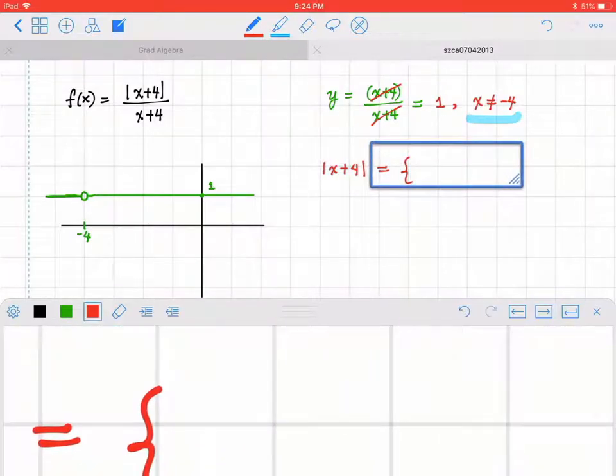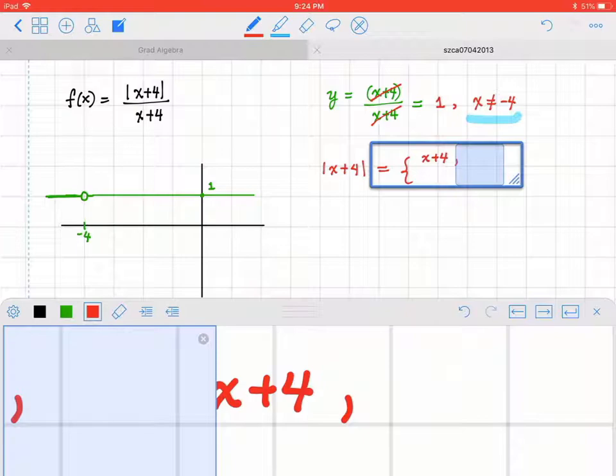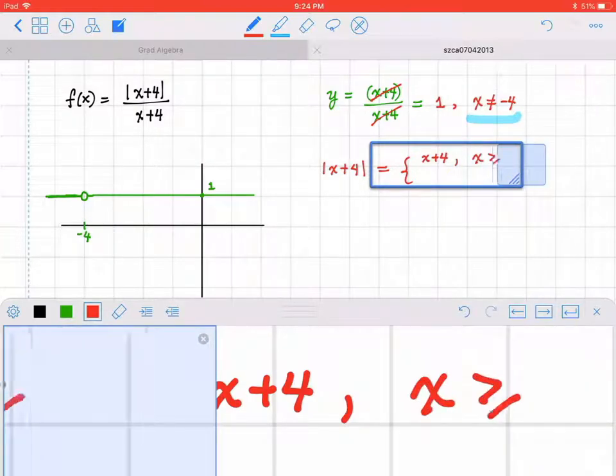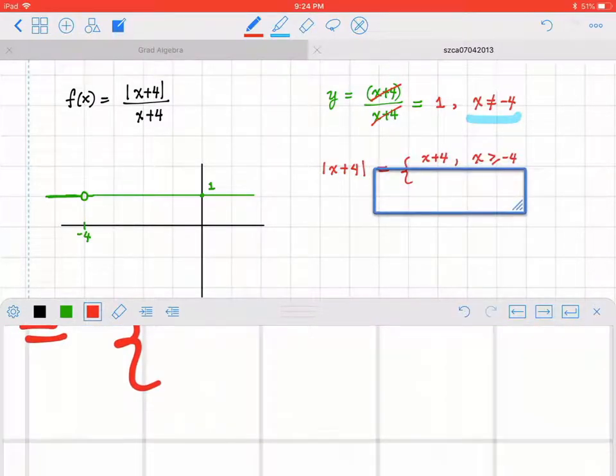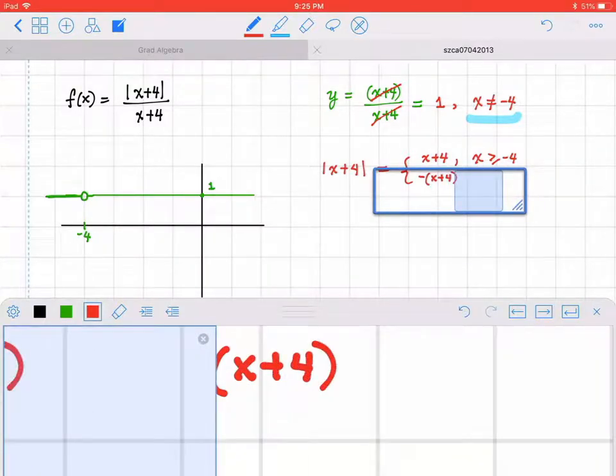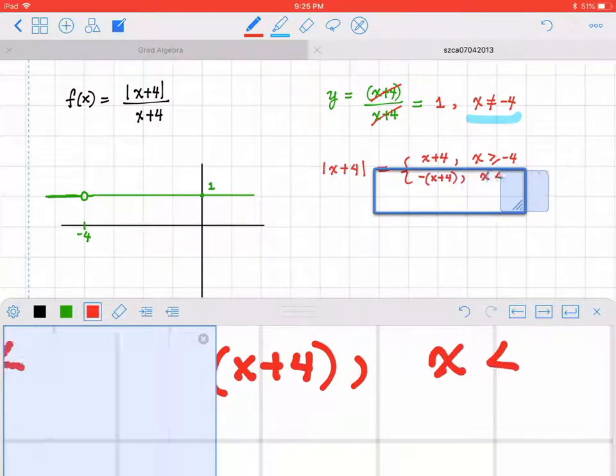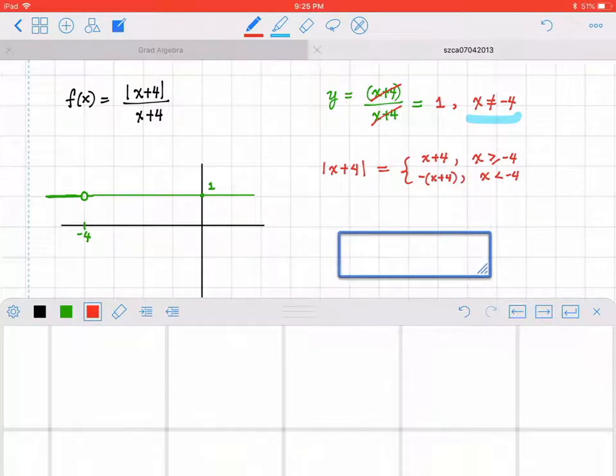It's either straight up x plus 4 when x is bigger than or equal to negative 4, or it's negative of x plus 4. This is the definition of absolute value when x is less than negative 4.